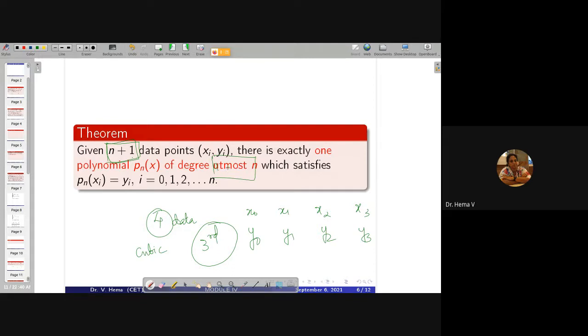So if there are 7 data points, what will be the degree of the corresponding polynomial? It will be a 6th degree polynomial. You got the concept? This is the theory we are using here. If there are n plus 1 data points, the resultant polynomial will be of degree maximum n.